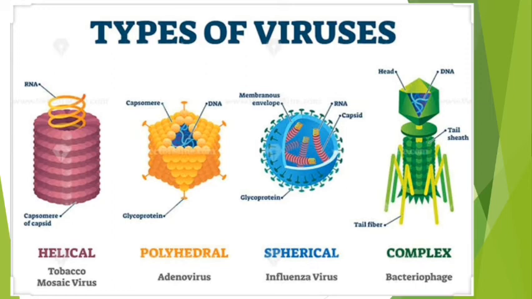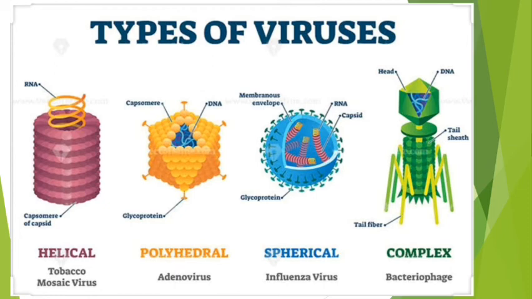Clear? Then the second diagram you can see is polyhedral structure. Here the example is adenovirus. Can you see the structure is a little different, isn't it? Polyhedral structure. Here the genetic material is DNA. And here the capsomeres are actually made up of glycoprotein.